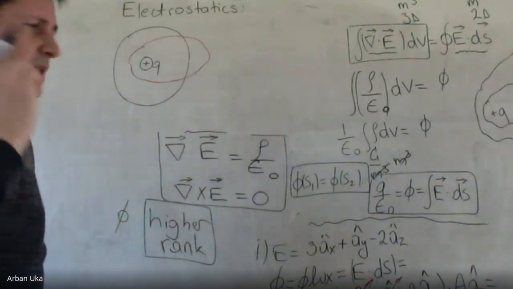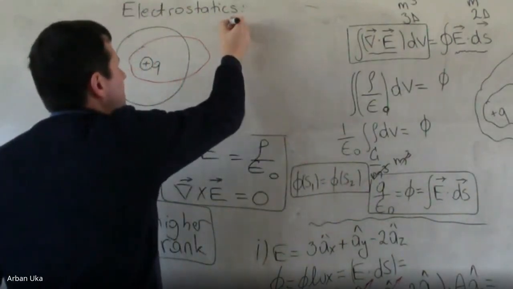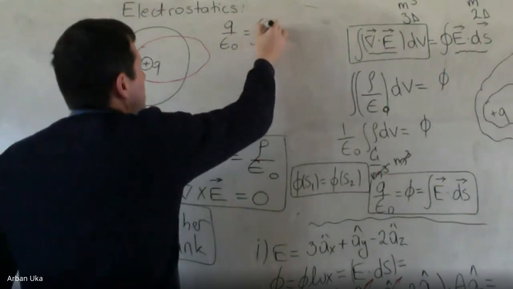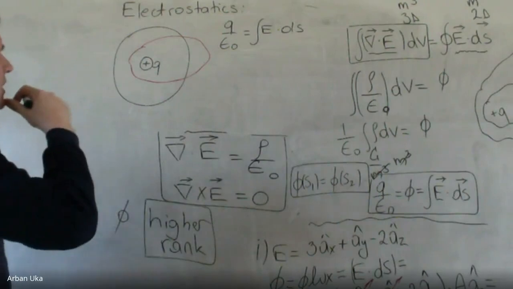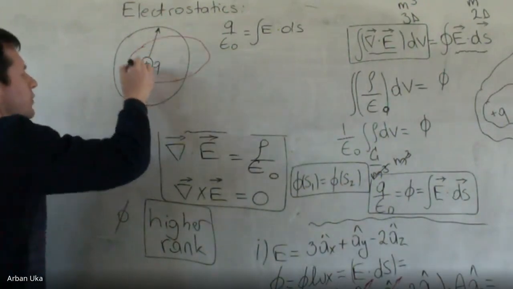let's see what we can derive based on this rule here, which stated that Q over epsilon 0 is equal to the integral of E dot dS. So, first of all, we know that the electric field from a positive charge will be positive, it will point like this.